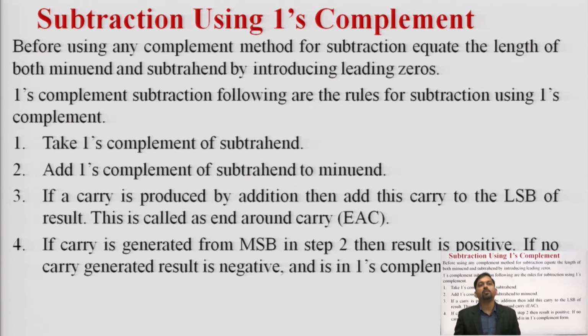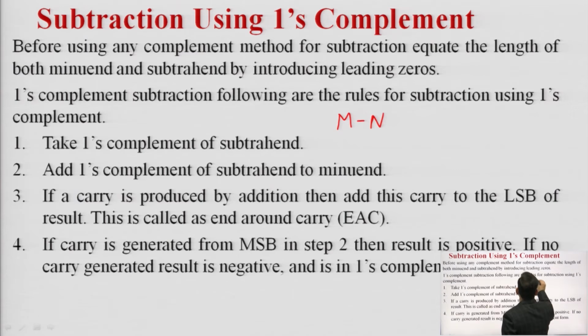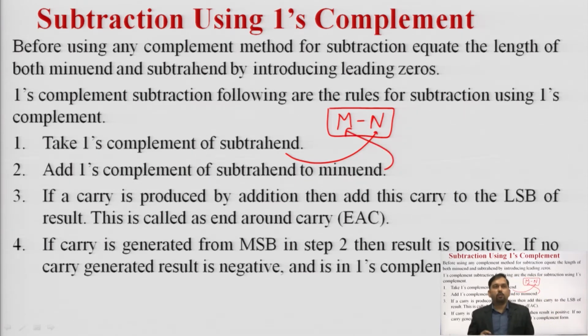Let me tell you, if we want to perform the subtraction M minus N, where M is the minuend and N is the subtrahend, first we need to take the 1's complement of the subtrahend. After that we add the 1's complement of the subtrahend to the minuend.